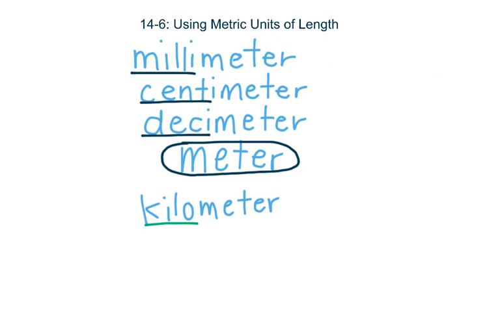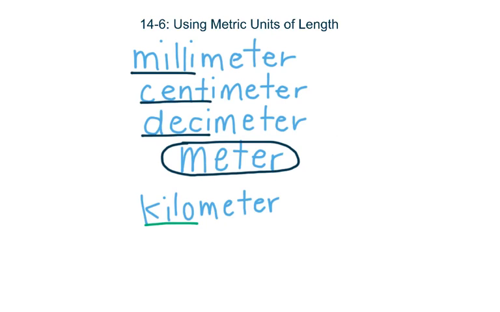To help us picture or practice these different units of length in the metric system, let's imagine several different real-life objects. If I were to measure the height of the house, which would be most appropriate? Well, I certainly don't want to measure in something teeny tiny because I'm going to need a lot of those units. And I certainly don't want to use a kilometer because that would be huge.